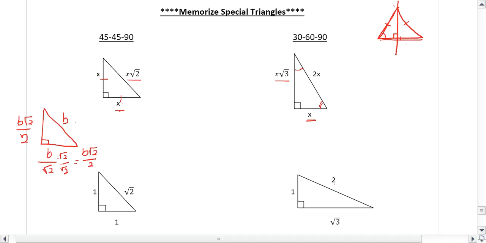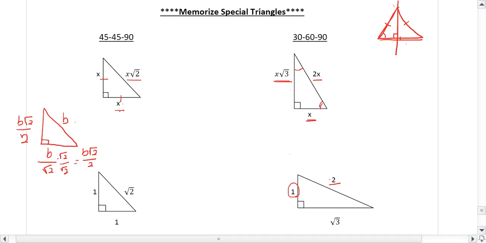That's why this says x, and this is twice that, or 2x. Here in my other example with numbers, if this short leg is 1, the hypotenuse is twice that, or 2. And then to get to the long leg, it is the short leg times the square root of 3.